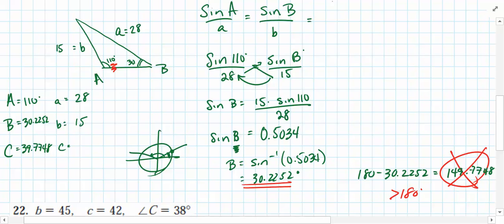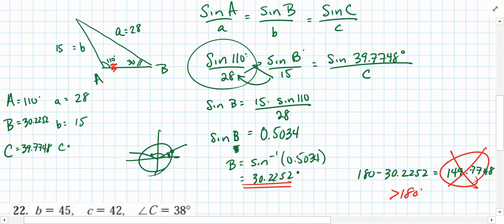So I'll go back and complete the law of sines now. Sine of C divided by c. And to complete this, sine of angle measure 39.7748 degrees divided by c can be used, and we can cross multiply and divide for that solution. I'm going to use the data that we had over here for sine 110 and 28. That way I don't have to use rounded data in sine B. So when solving for side length c, that would be equal to 28.